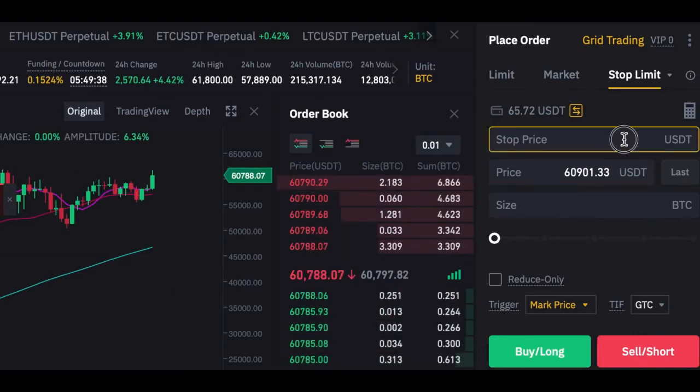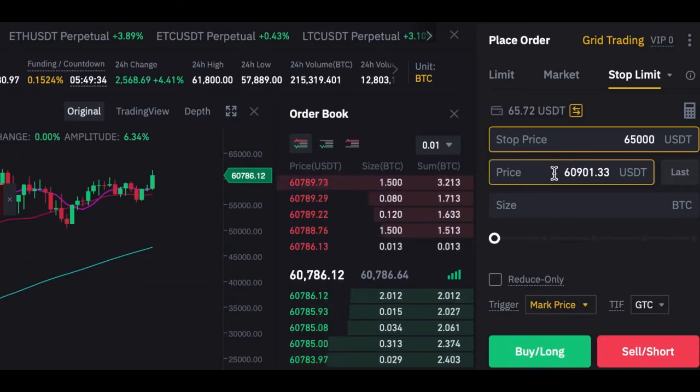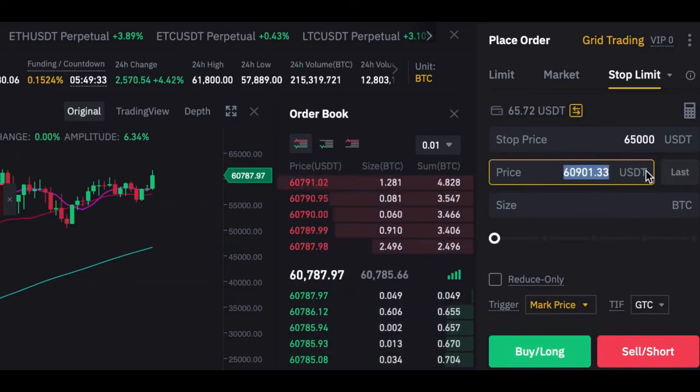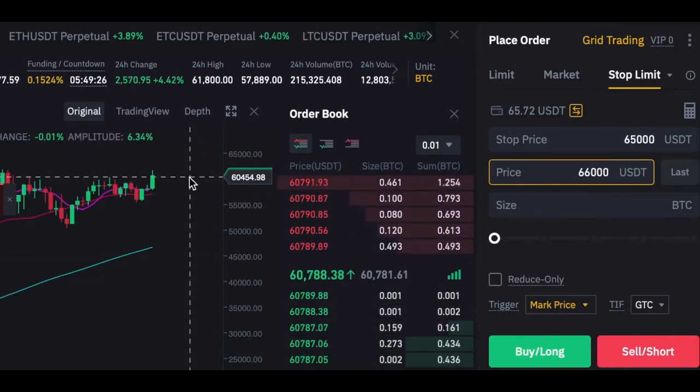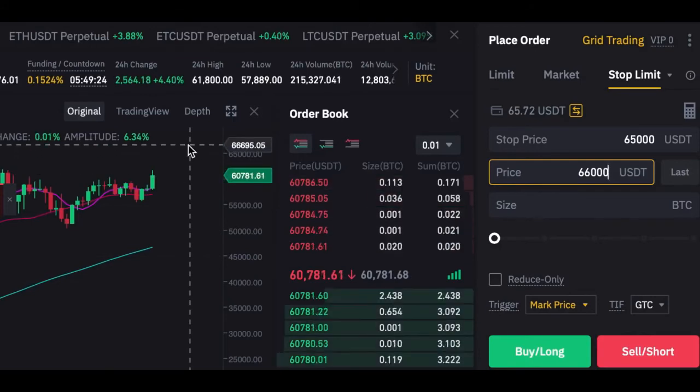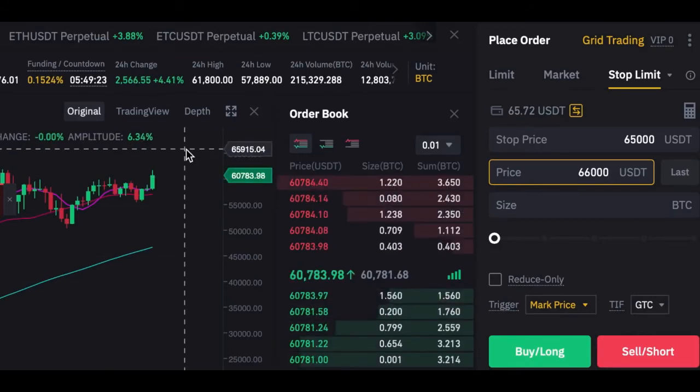Well, once more, we can put in a stop price of 65,000 and then we can put in a price of 66,000. What we are now telling Binance is if I've bought in at 60 and the price goes up to 65, I think that's a great profit and I want to take some profits there.